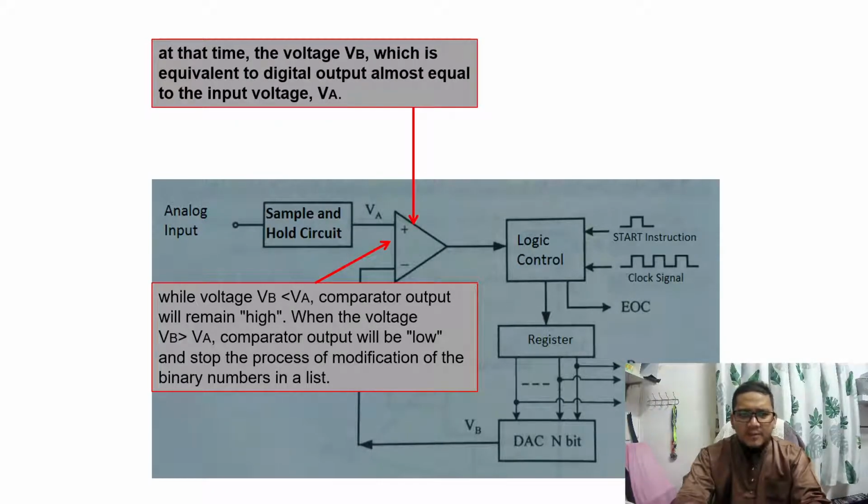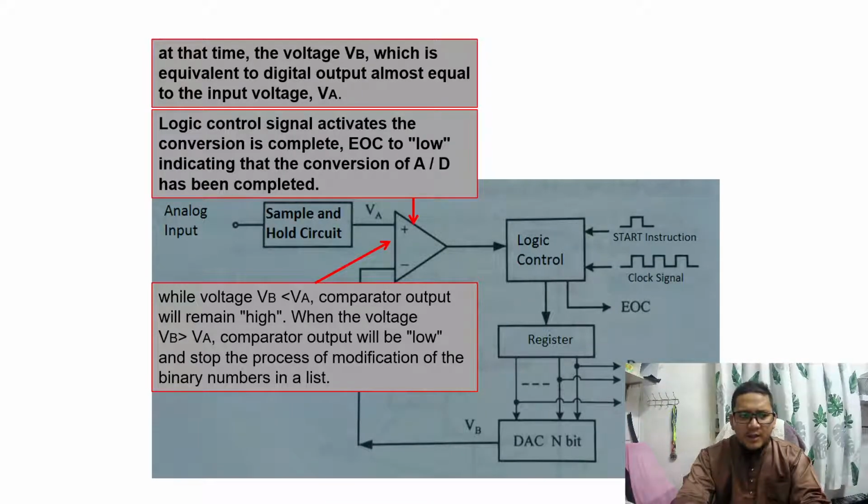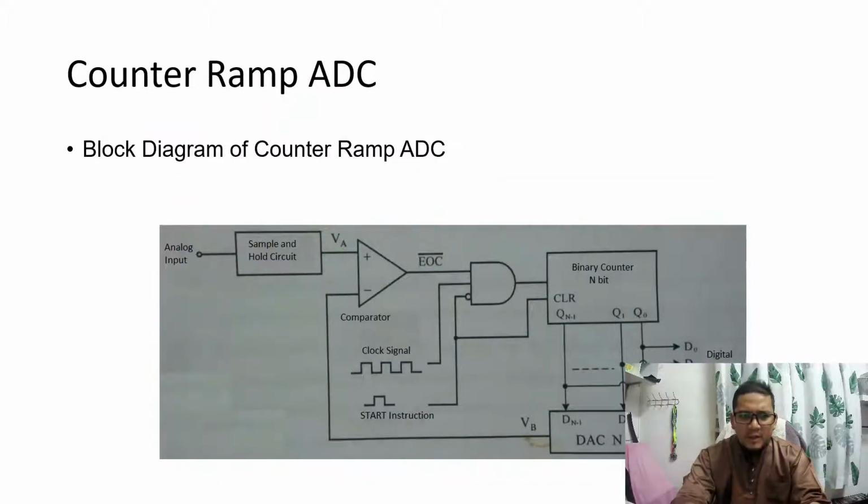Okay, at the time the VB, which is equivalent to the digital, is almost equal to the input VA, and the logic control signal is active, okay, the conversion is complete. EOC goes low, indicating that the conversion of AD has been completed. Okay, now that is the basic of ADC.